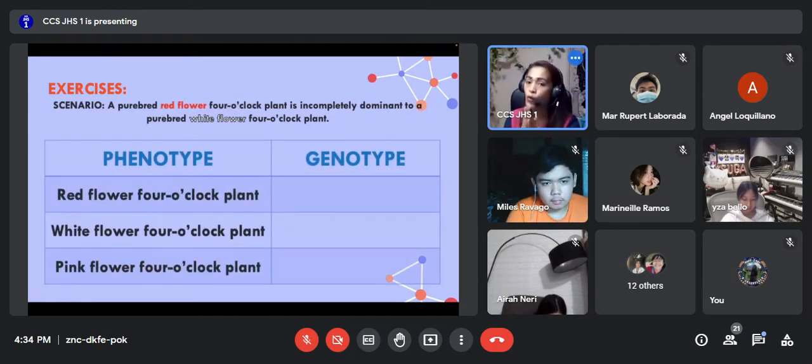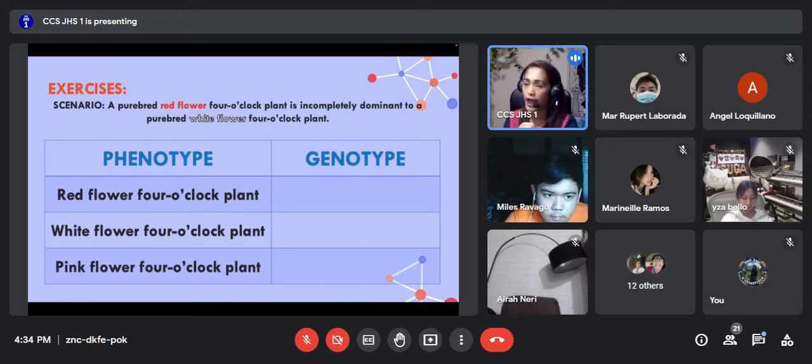Let's now do an exercise. This time we're talking about a plant called the 4 o'clock plant, and it has a flower. Red is your dominant and white is your recessive. And this particular plant follows incomplete dominance. So how do we write a red flower 4 o'clock plant?